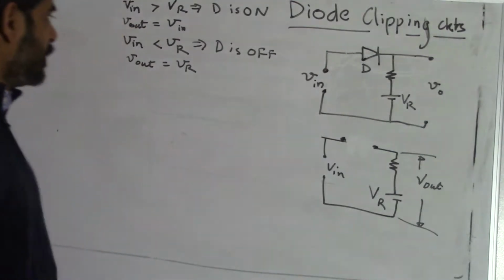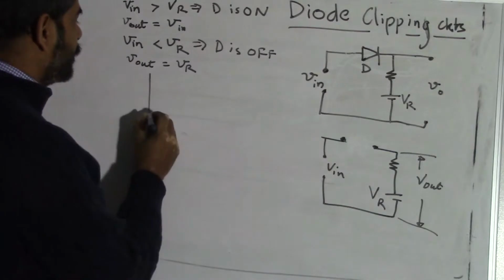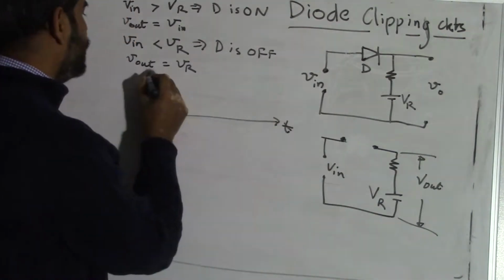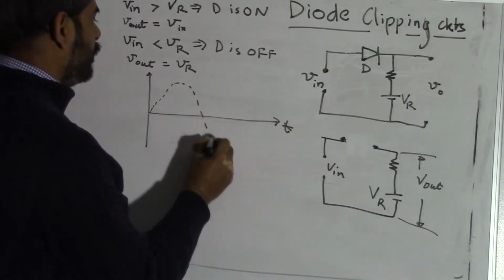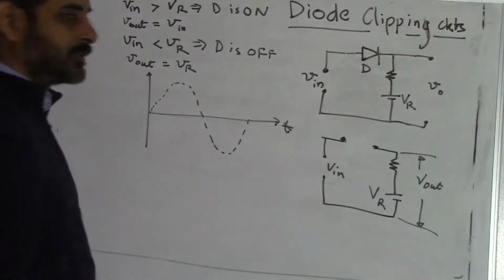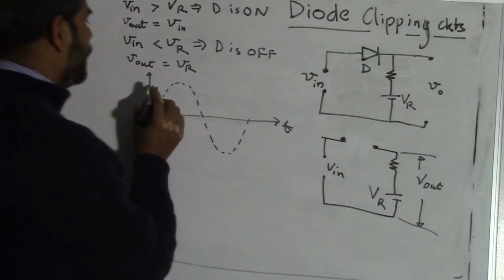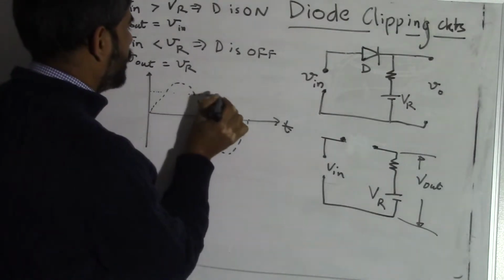So with this information, if I have a plot of time and input voltage, let's say the input voltage is a sine wave, which I have shown as a sine graph. And in this sine graph, I have marked a voltage by VR.